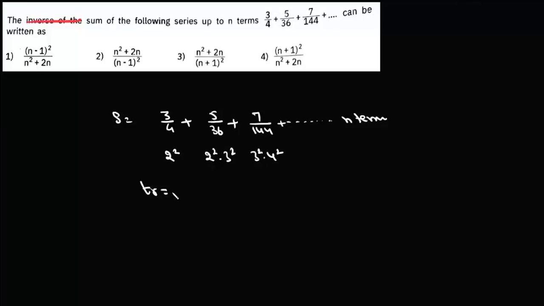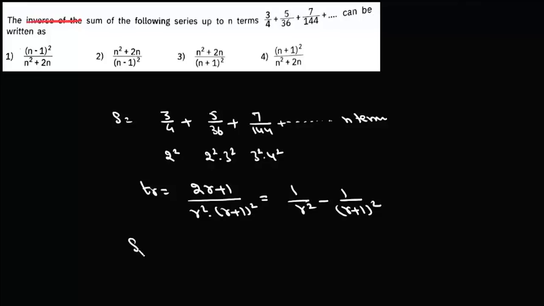So its general term will be 2r plus 1 upon r square into r plus 1 square, which we can write as 1 upon r square minus 1 upon r plus 1 whole square. Now the sum of n terms will be this first term plus this second term, and then this nth term.